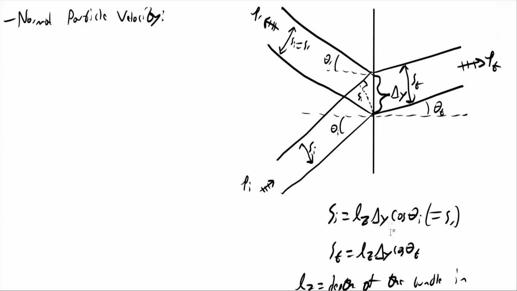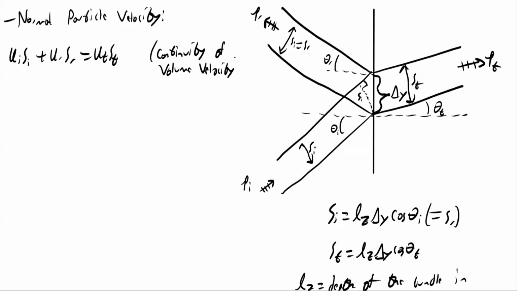So if we have this formulation and we return to our normal particle velocity, we could have written the continuity of normal particle velocity as our particle velocity times our cross-sectional area on the interface. In other words, this is actually the volume velocity, a continuity of volume velocity. Let me write that. So instead of a continuity of particle velocity, we have a continuity of volume velocity.